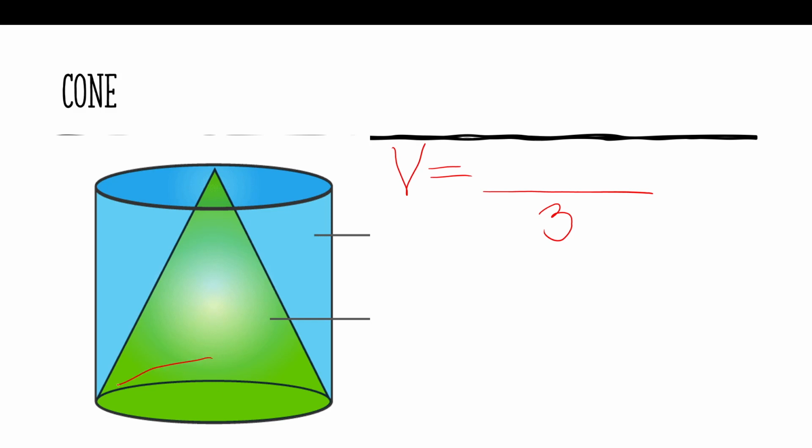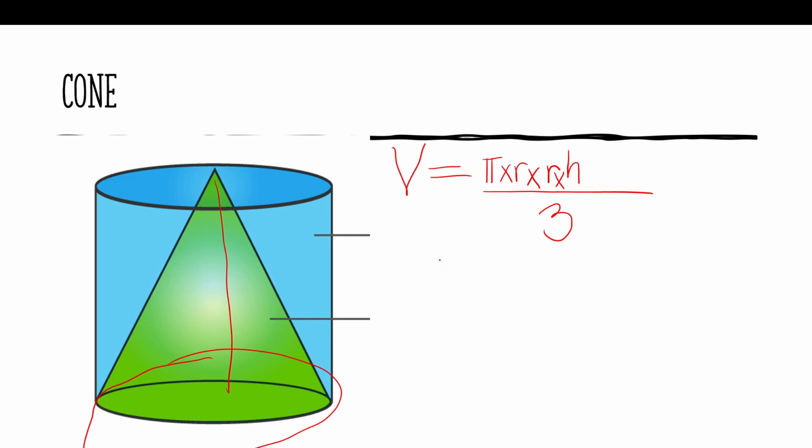So again, tingnan natin ang kanyang base. Ang kanyang base ay circle, so babalik tayo sa formula ng circle which is pi times r times r, and then meron tayong height which is same with the height of the cylinder, so height lang din ang magiging tawag natin sa kanya.